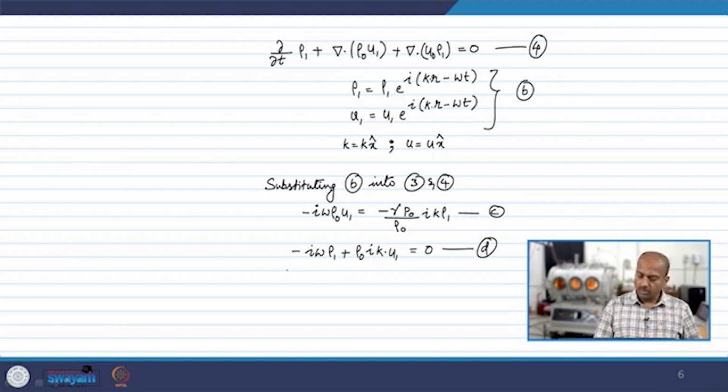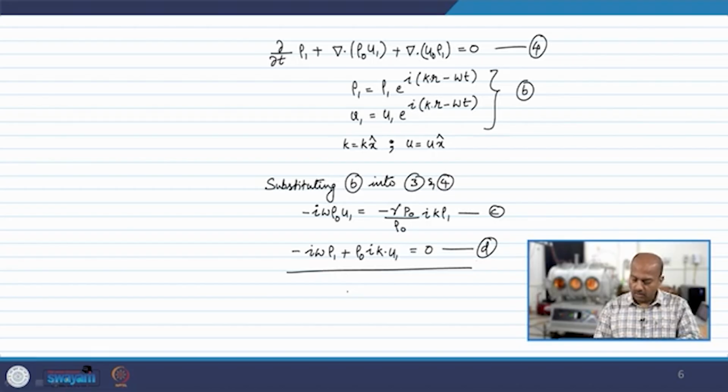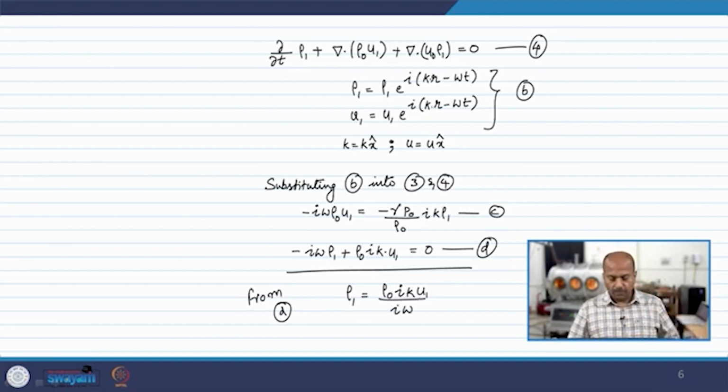Now, we have to eliminate some variables and we can get the dispersion relation. From equation number D, we can write that the perturbed density ρ1 is ρ0 i k u1 by i ω, which equals ρ0 k u1 by ω.